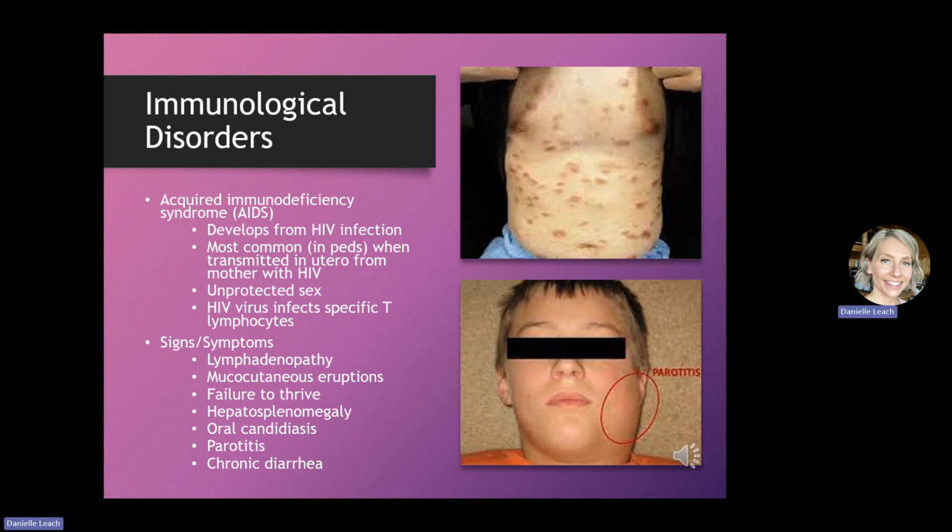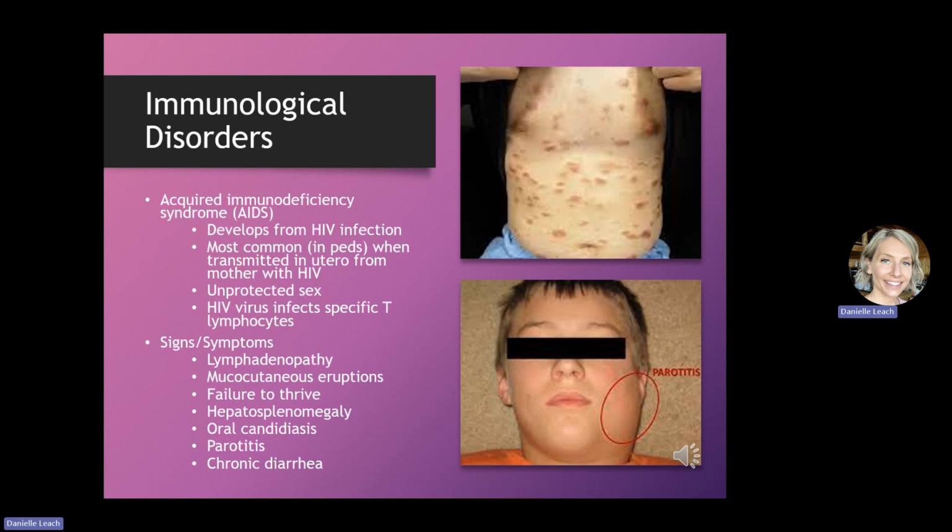An immunological disorder is one where there's a dysfunction with the immune system for whatever reason. The only immunological disorder we're going to talk about is acquired immunodeficiency syndrome, or AIDS, which develops from HIV infection. So when we're talking about pediatrics, it's most commonly transmitted from mother to child in utero when the mother has HIV.